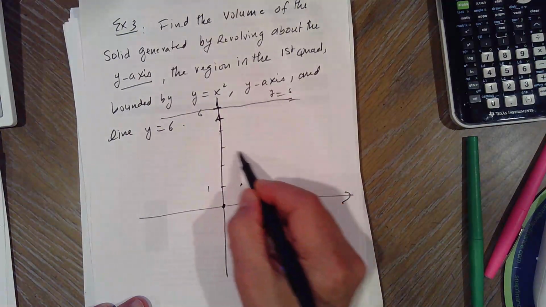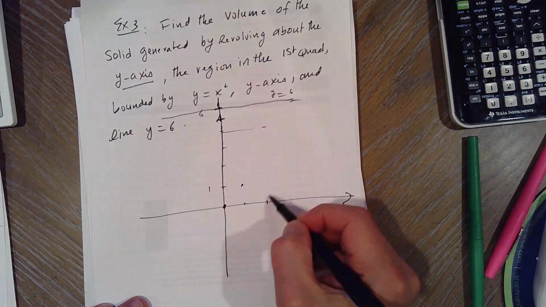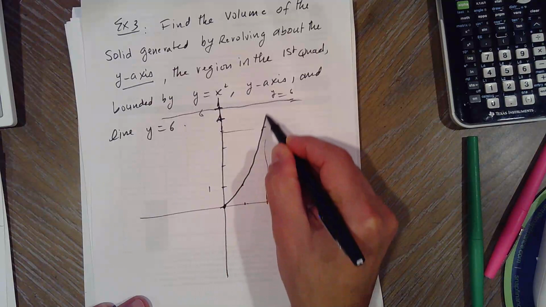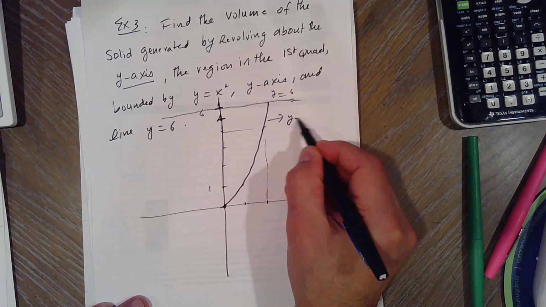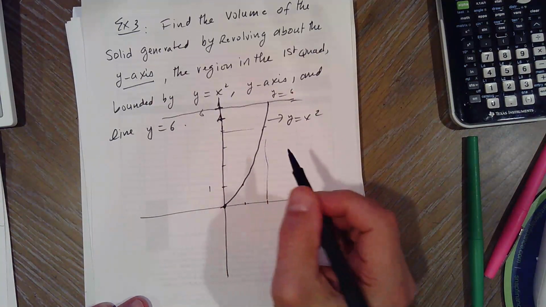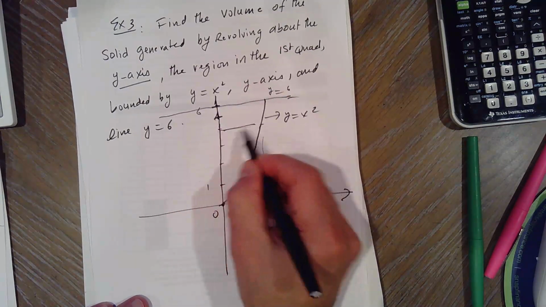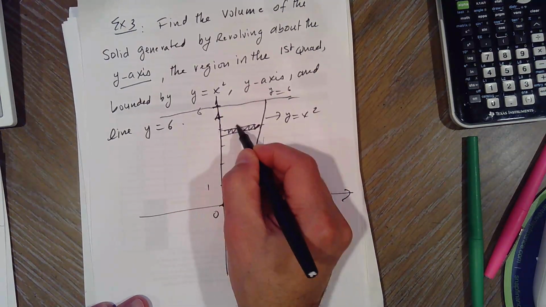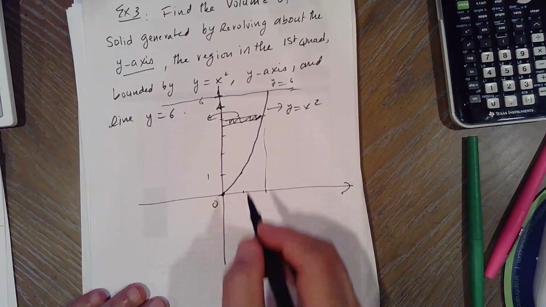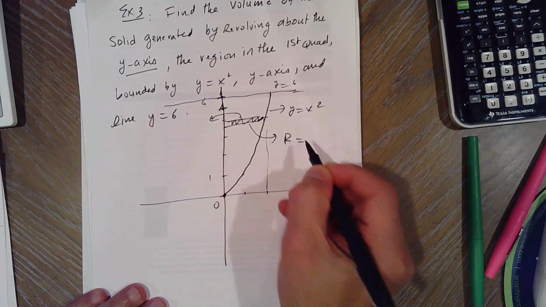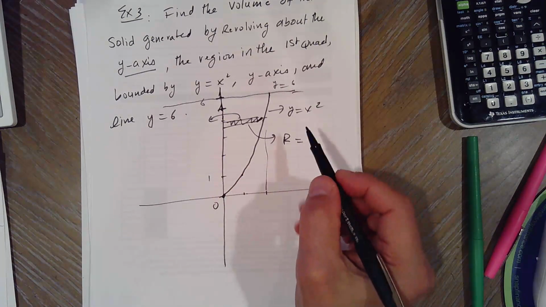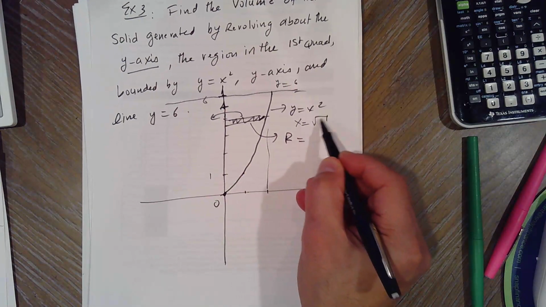So it goes like this. This is y equals x squared, and between 0 and 6 we're going to have a cross section perpendicular to the axis of revolution, and this is the radius, so we need x equals square root of y.